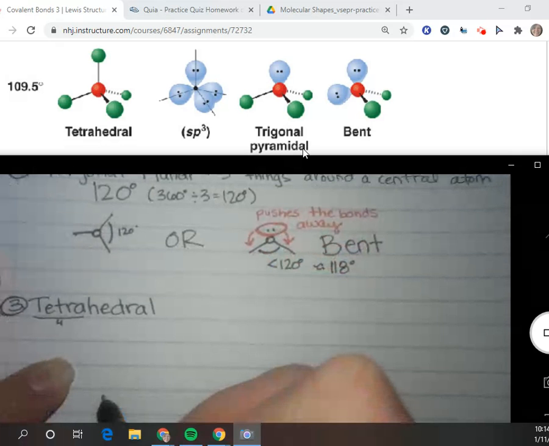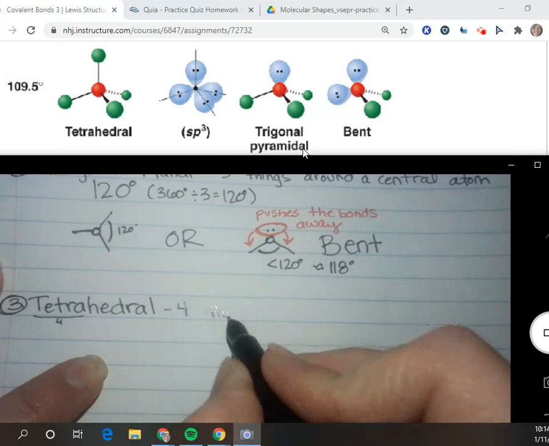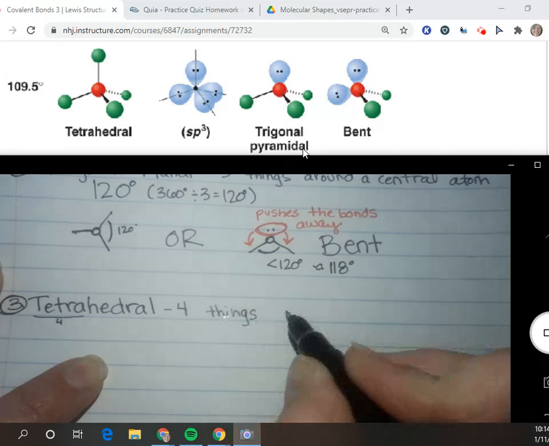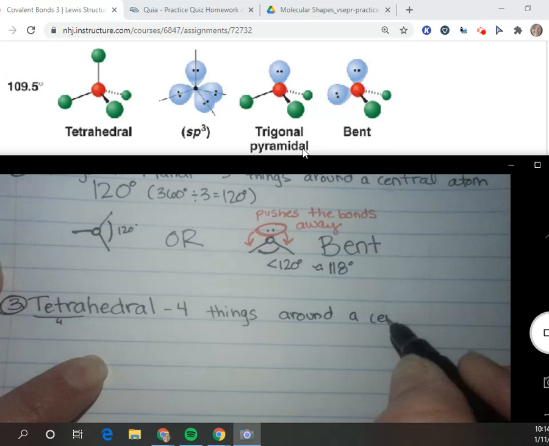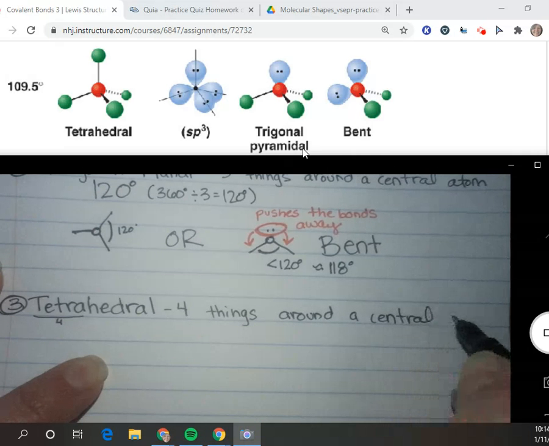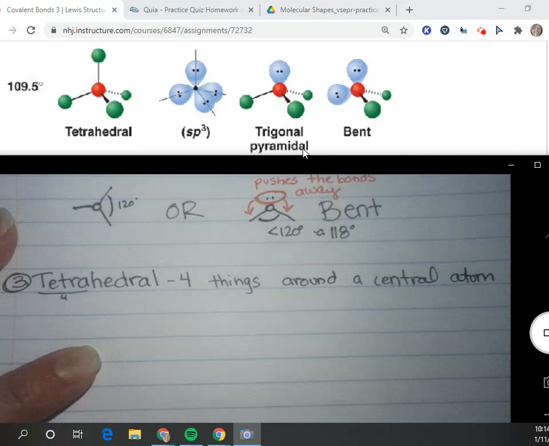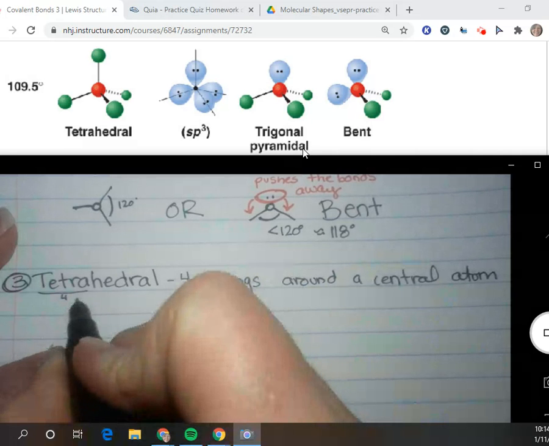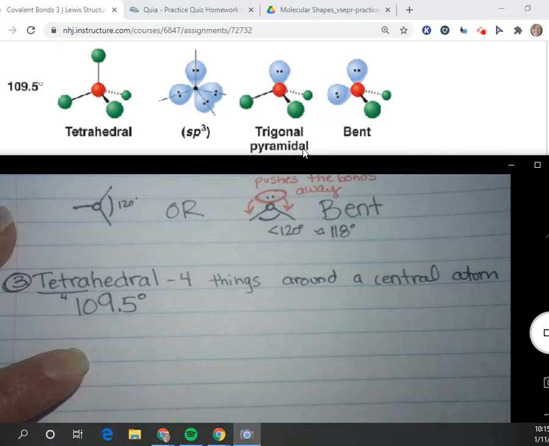Okay, so tetrahedral is 4 things around a central atom. We can see from our picture here in the lesson that it is 109.5 degrees when there are 4 atoms.